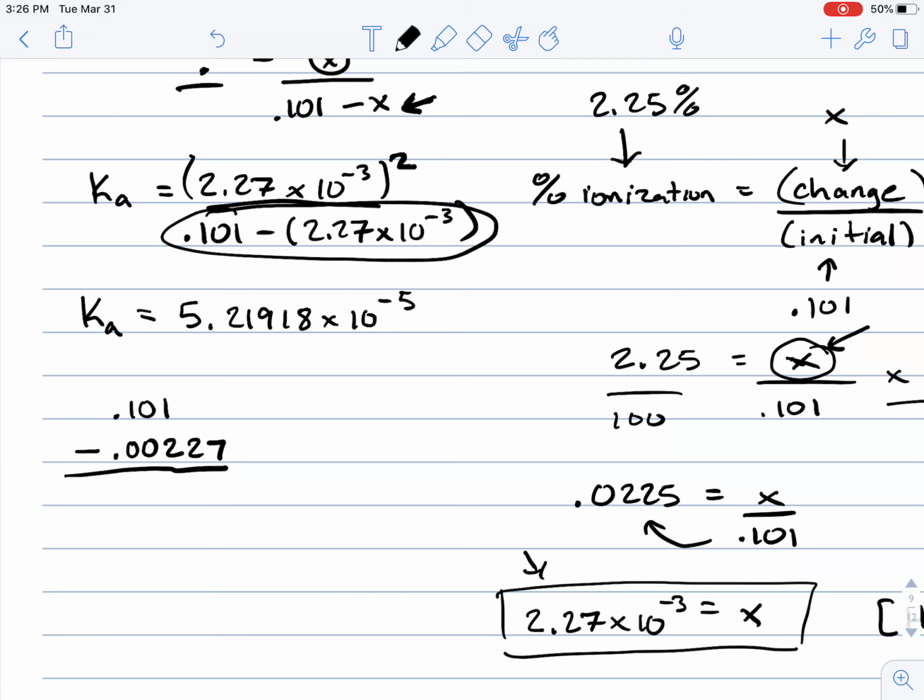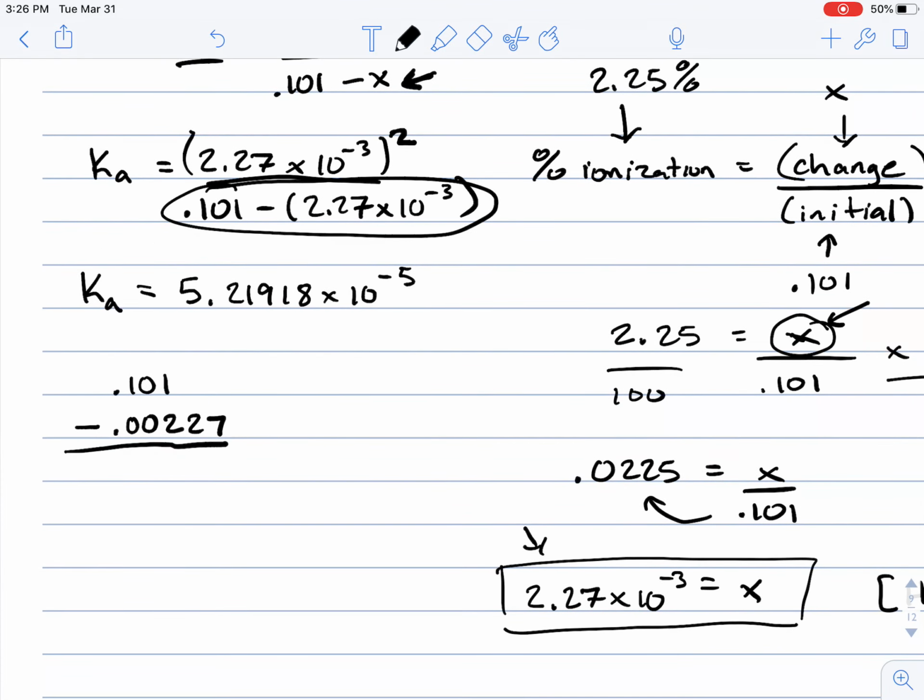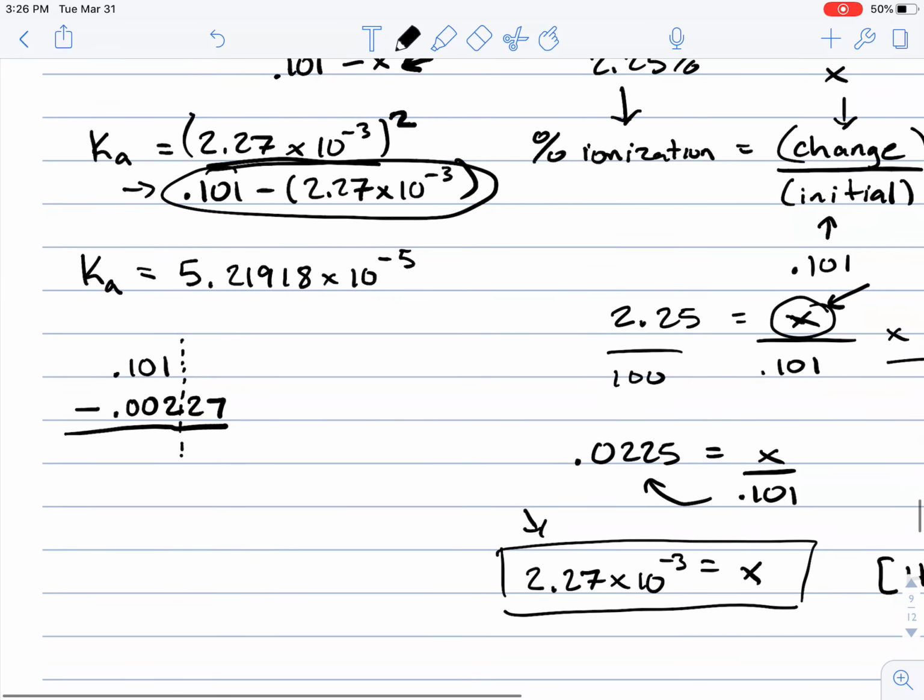And so to confirm whether or not we are going to use 3 sig figs, since we're subtracting these two, we have to pay attention to the rules of subtraction for sig figs. If you recall from first semester general chemistry, it's the least number of places after the decimal. And so it looks like if we were to subtract these two, we would have to report 3 values. So let's take the difference of that.